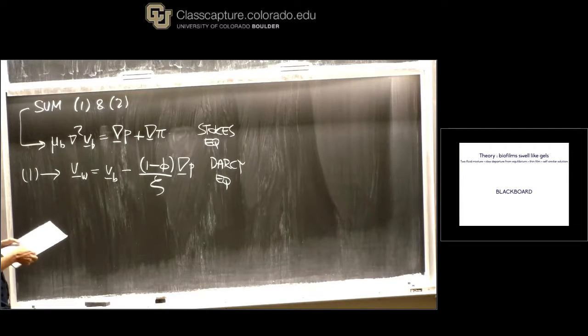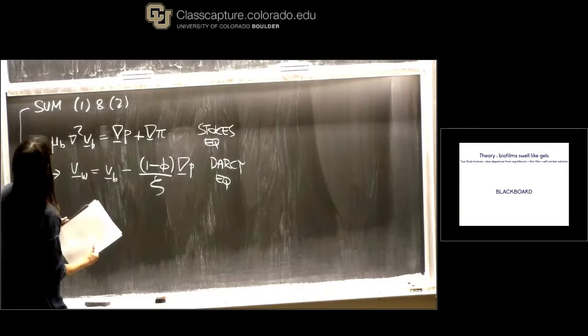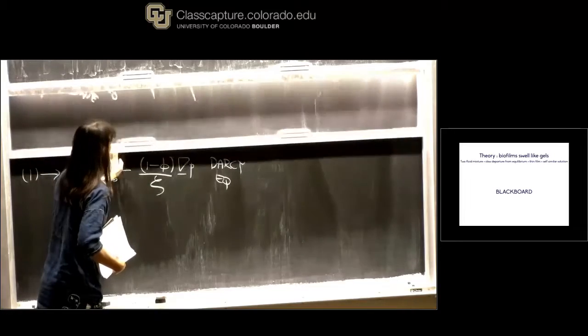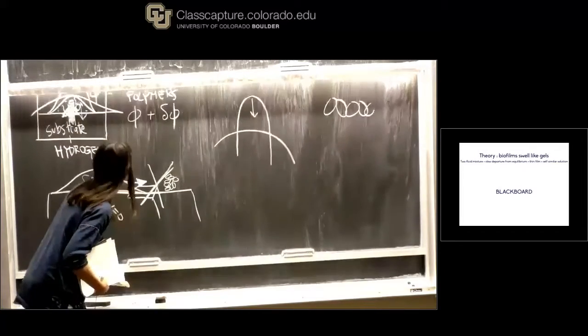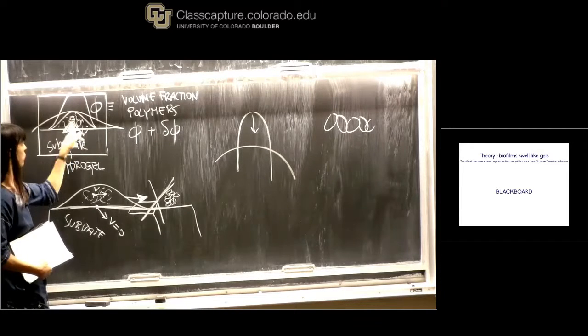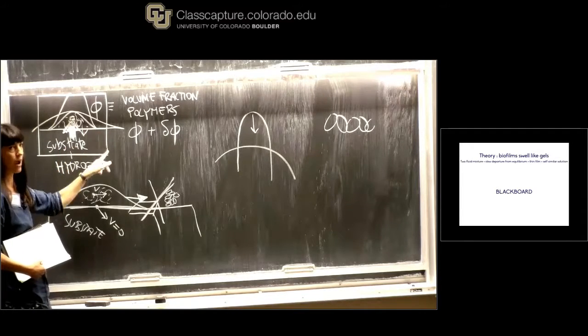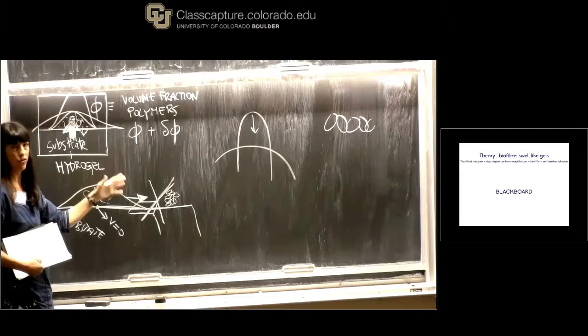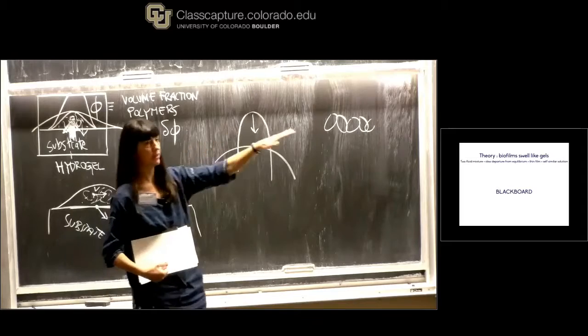And now to massage this into a simpler form, because remember, the question we started with was, does the biofilm swell or spread? Everybody thought it was spreading, and I was surprised, and we didn't know what the forces were, but now we had ideas, so we built a model.